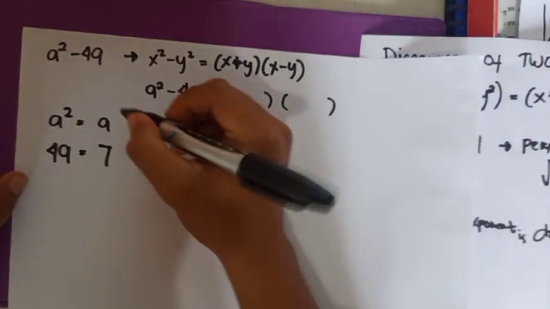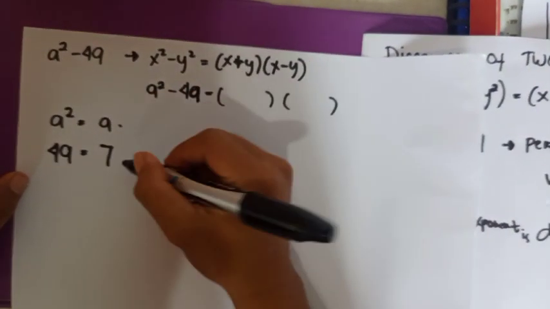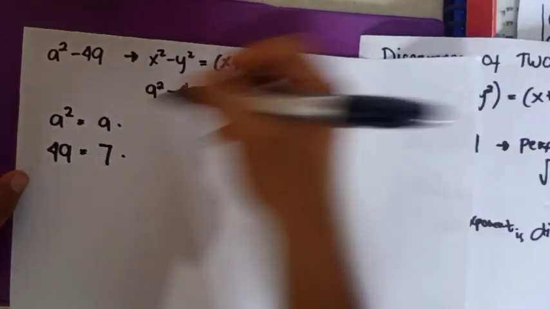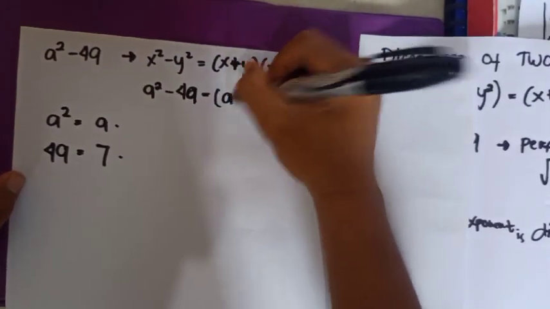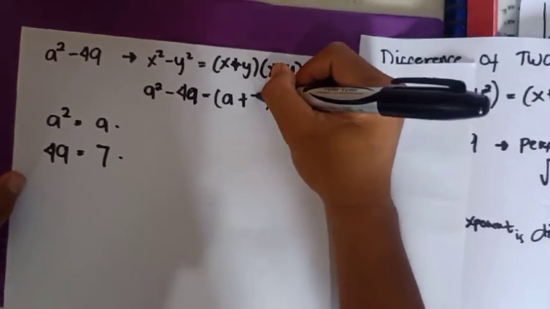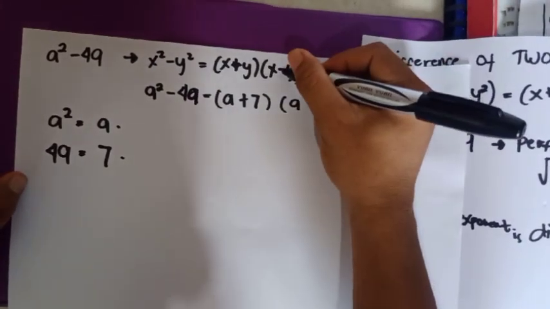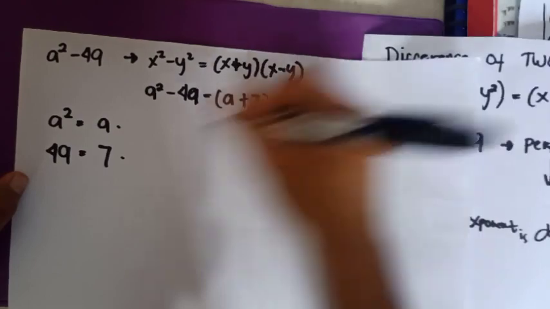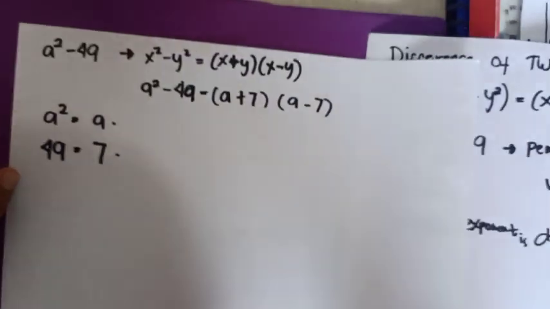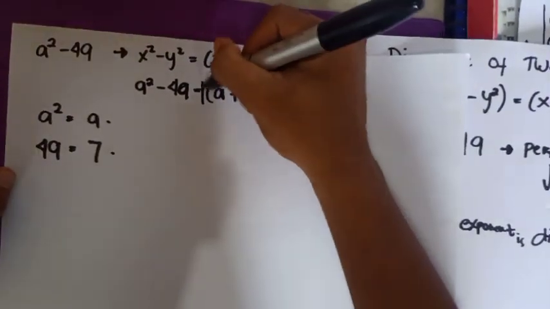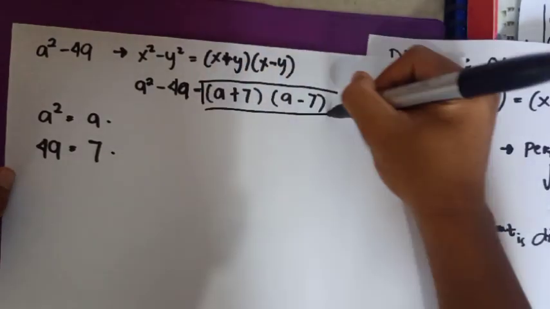Now, this is the first term, and this is the second term. So just substitute the values. a plus 7, a, the formula is minus, and then 7. This is now your factored form.